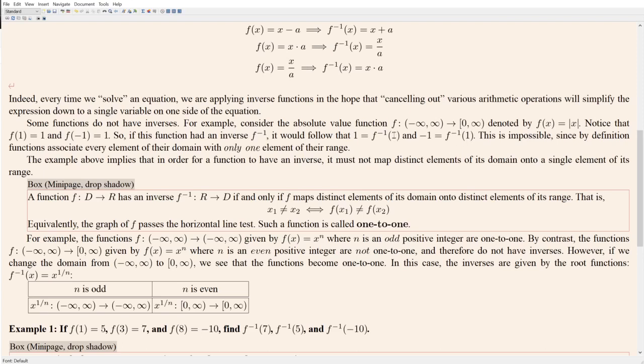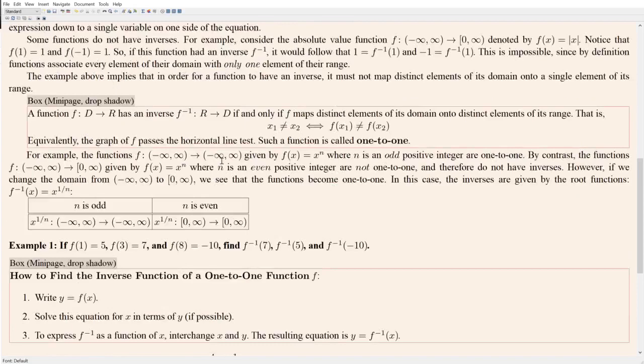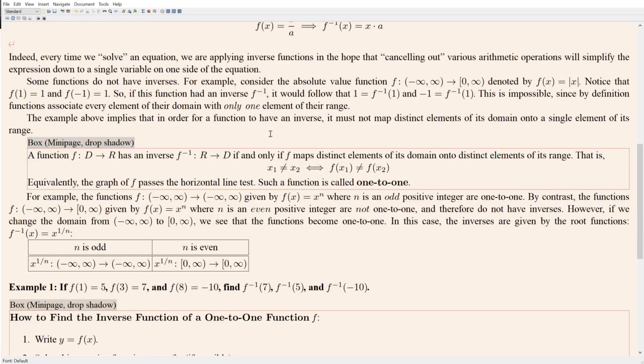By definition, a function takes an input and sends it to only one output. It can't be sending a single input to two separate outputs. So it's impossible. So the absolute value does not have an inverse. This would suggest to us that functions that do not have inverses are functions that take disparate elements of the domain and map them onto the same element of the range.